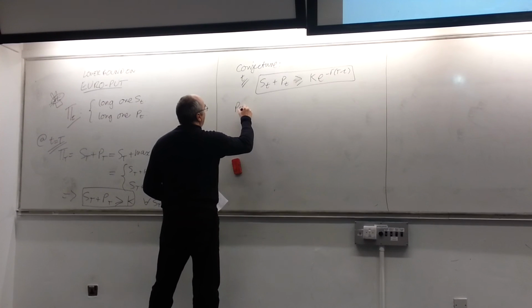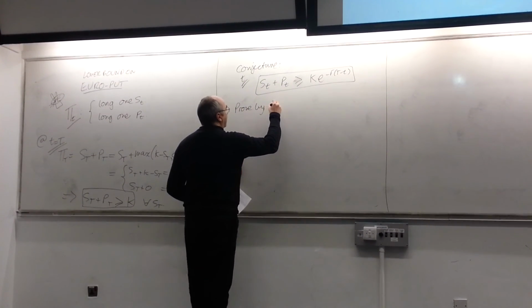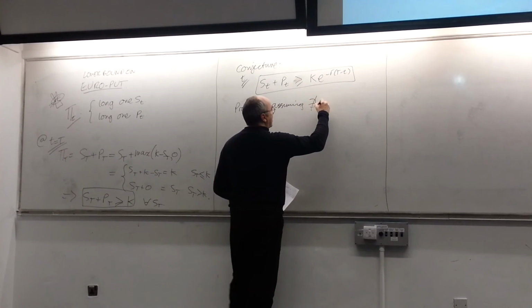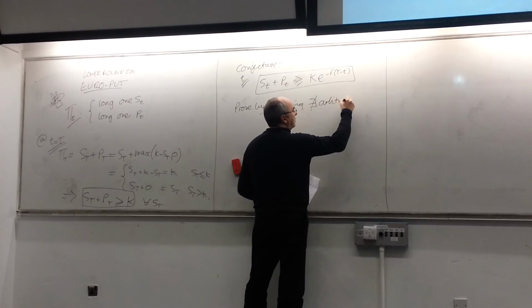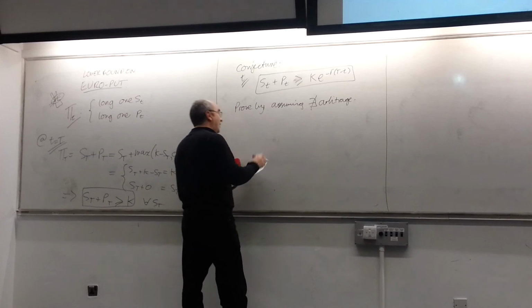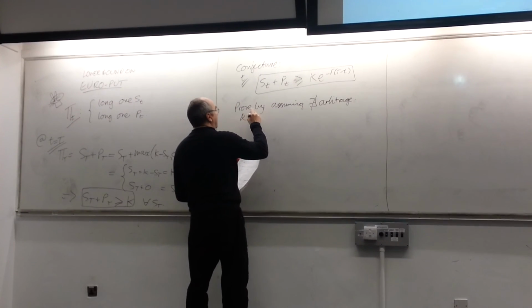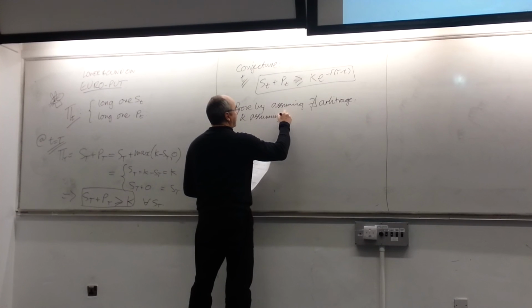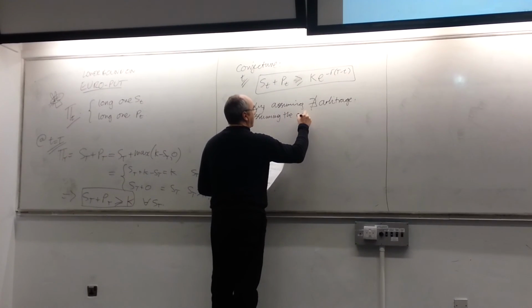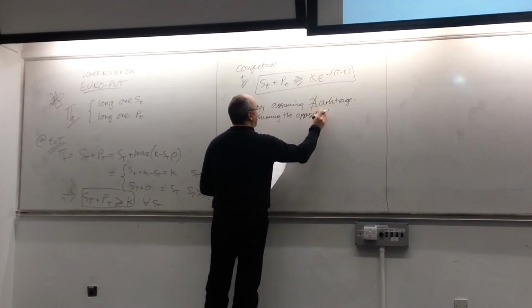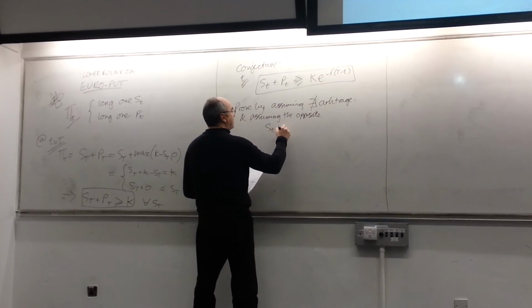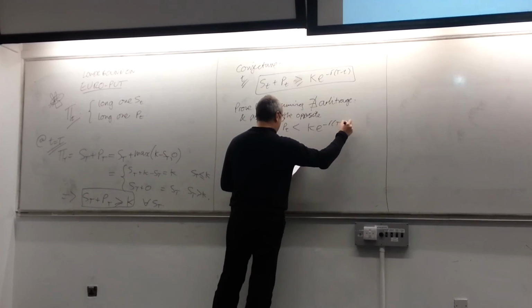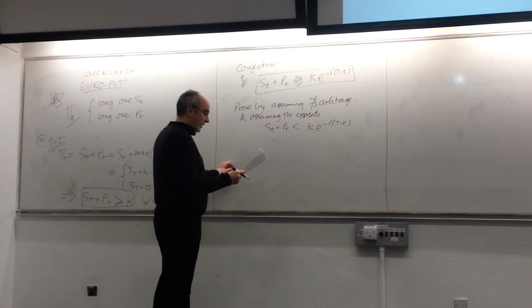Again, we're going to prove by assuming there does not exist arbitrage, and assuming the opposite, s_t plus p_t is less than K e^(-r(T-t)).